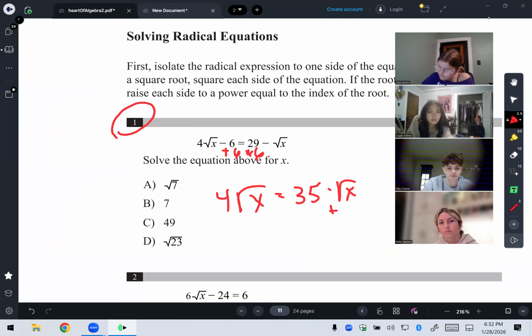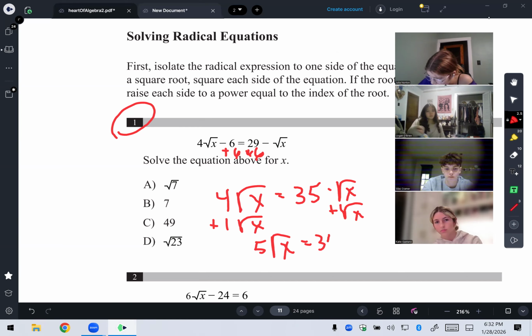Now we're going to add a square root of x to both sides. That'll give us 5 square root of x equals 35. Divide both sides by 5. Square root of x is 7.